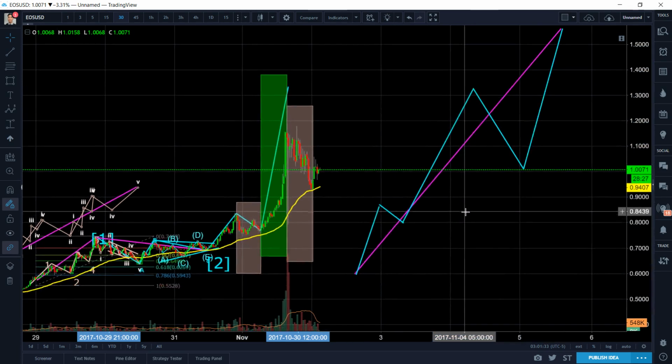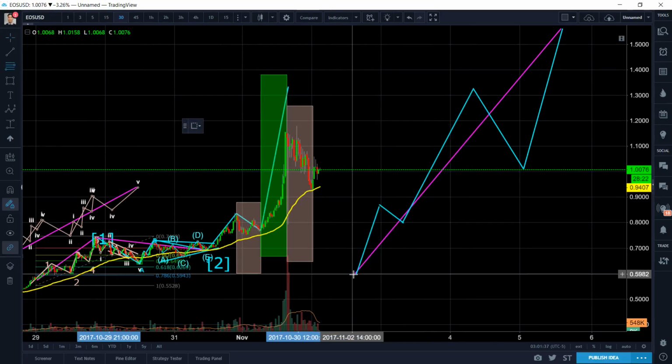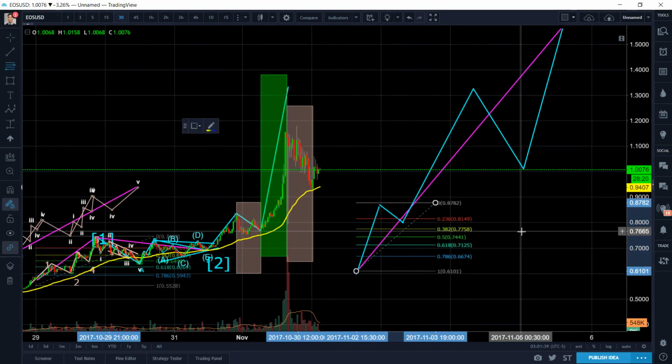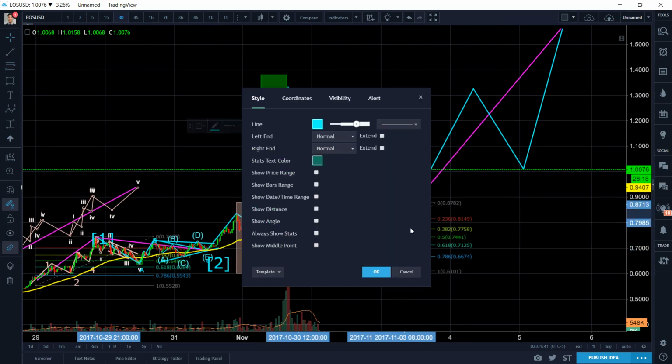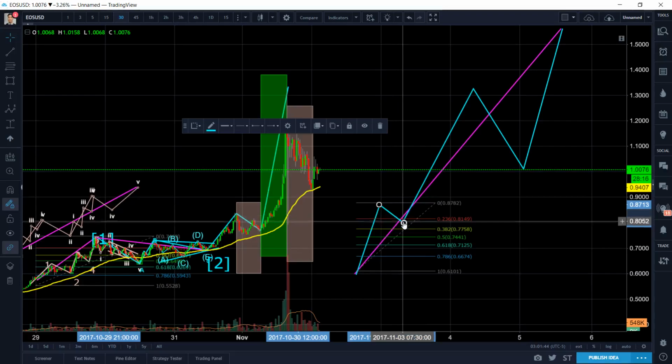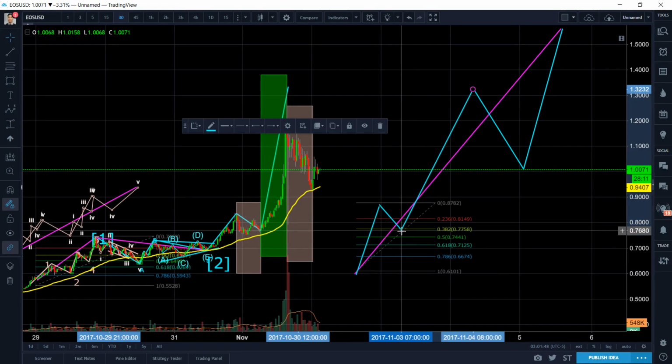Now, let me give you a basic understanding of how Fibonacci levels work here, okay? So let's say that the first wave up only corrects 0.382 for Fibonacci.